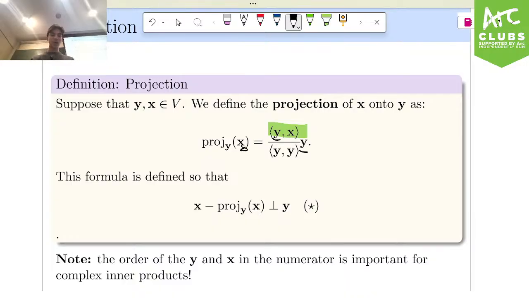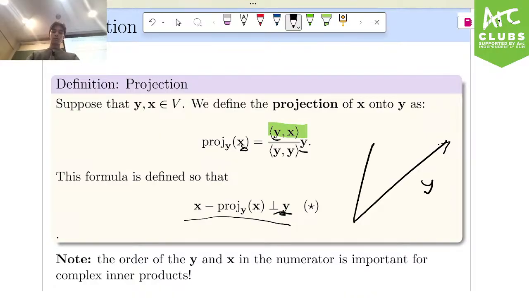It's in the middle. And just as we learnt for the regular dot product, we do have this nice result that a vector minus its projection onto another vector is always perpendicular to that second vector. So that should make sense. This is our y, and this is our x.